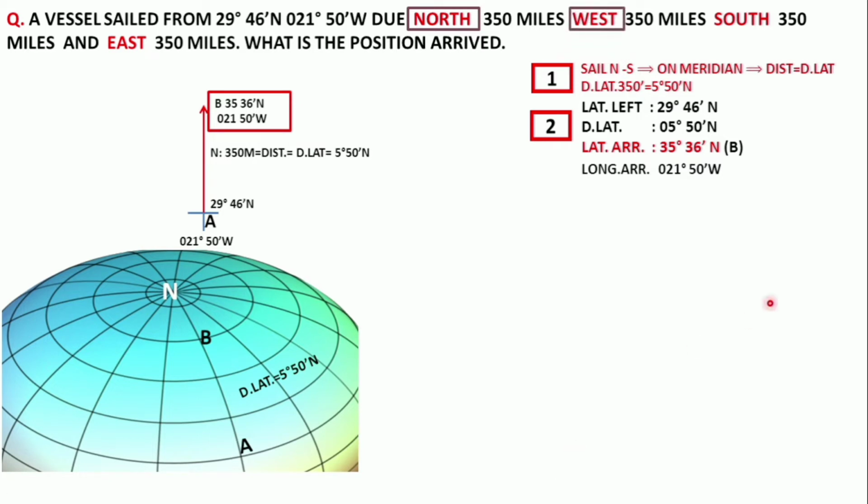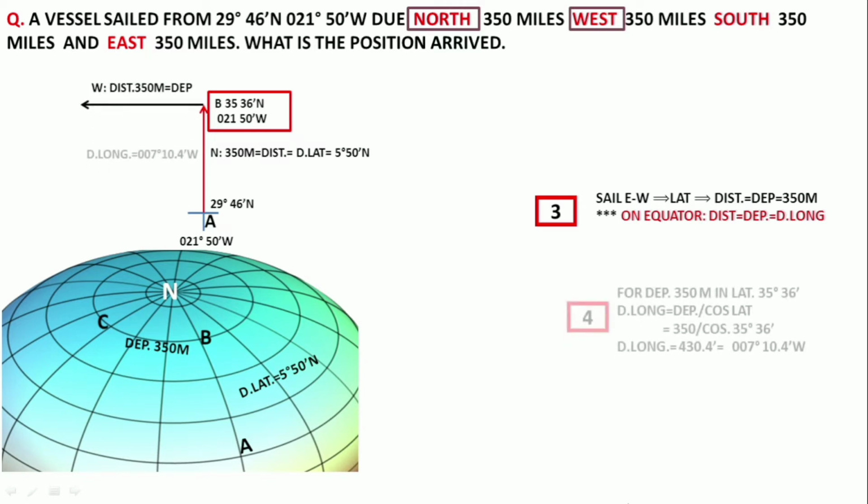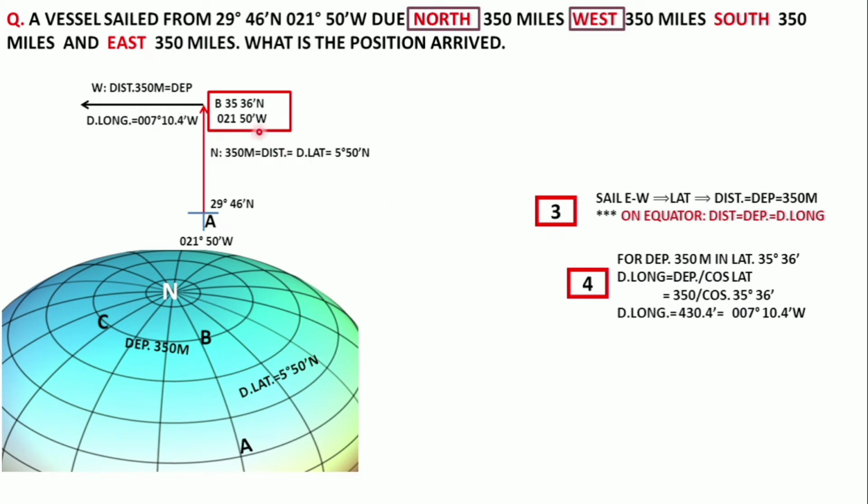Then he says it goes west 350 miles. Going west means going along a parallel of latitude, and that is your departure. Your departure is 350 miles. We know the latitude, so we can always find out our D long.